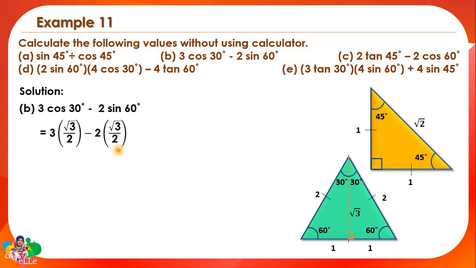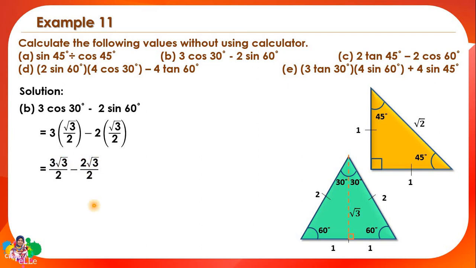So, solve this one. How to solve this one? 3 times square root 3 over 2 minus 2 times square root 3 over 2. Now the denominators have the same value. Just subtract the numerators. But how can you subtract 3 square root 3 with 2 square root 3?